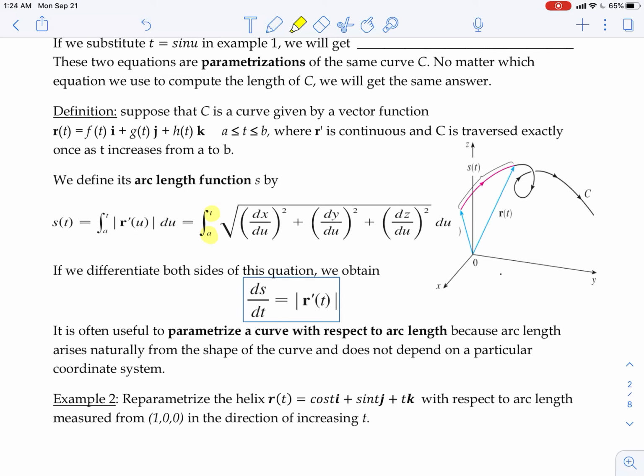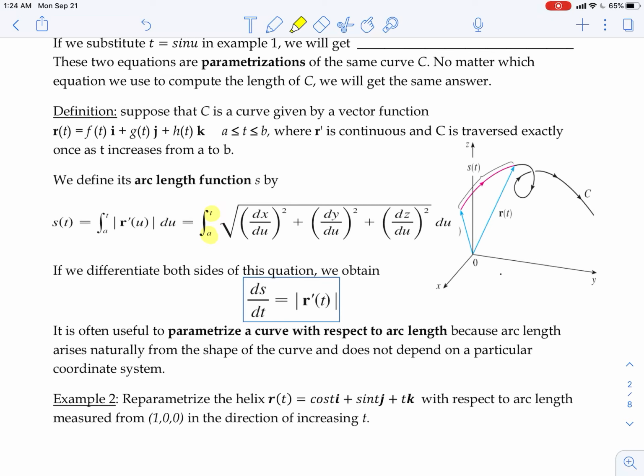If we differentiate both sides of this equation, we obtain ds over dt is equal to the magnitude of r prime of t. It is often useful to parameterize a curve with respect to arc length, because arc length arises naturally from the shape of the curve and does not depend on a particular coordinate system.